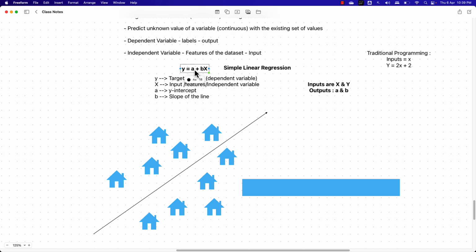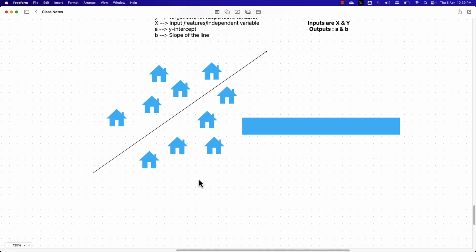Now in the case of multiple features, which is also known as multiple linear regression, we generally write the equation like this: y is equal to w1 x1 plus w2 x2 plus w3 x3 up to wn xn plus c. This is the equation of linear regression for multiple features.